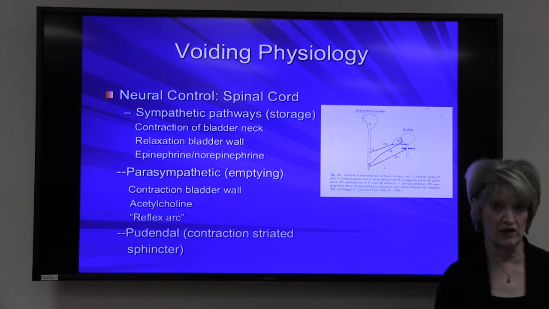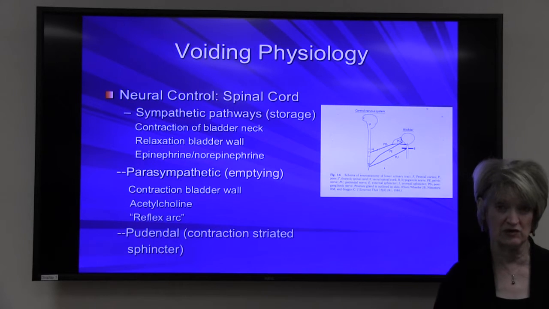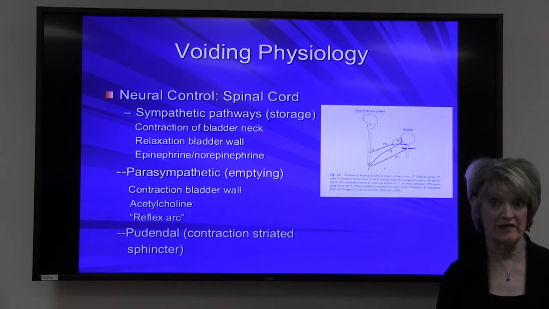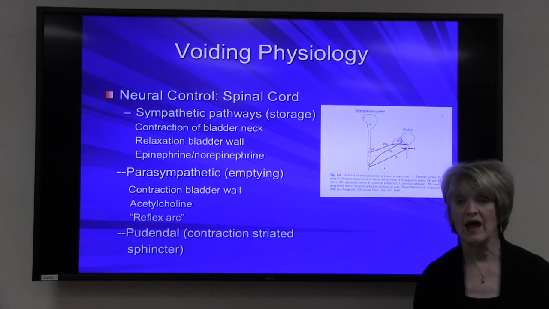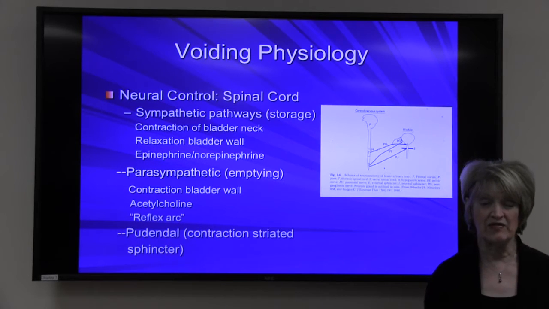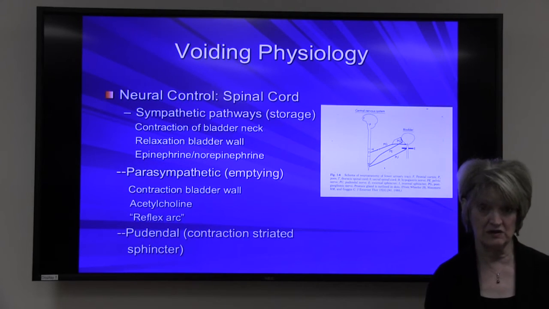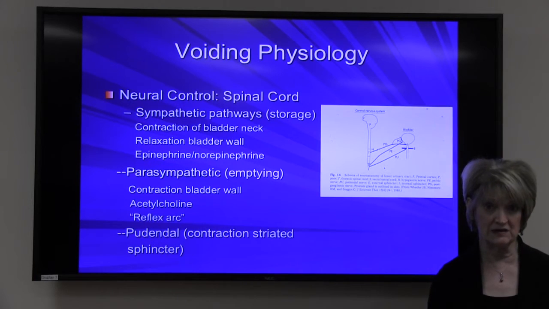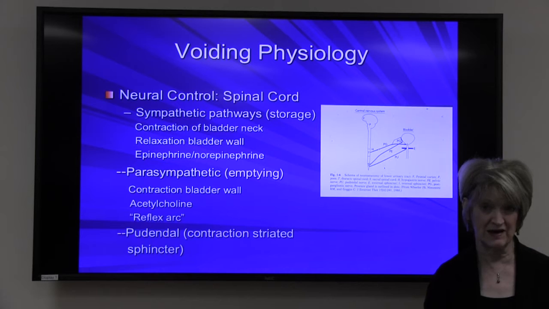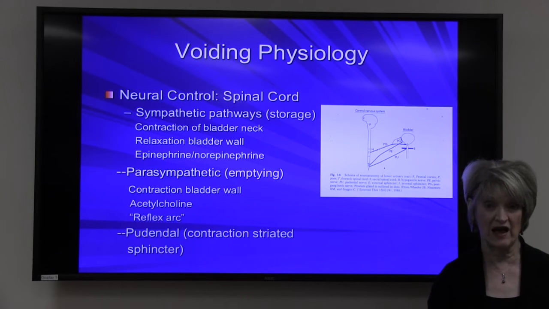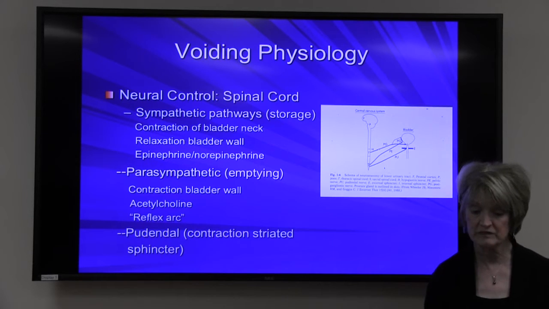It would be great if we had a medication that reliably tightened the bladder neck and relaxed the bladder wall, and that was safe for use. At this point in time, there is no medication that is FDA approved that replicates sympathetic nervous system activity. There is not an alpha adrenergic agonist / sympathomimetic.